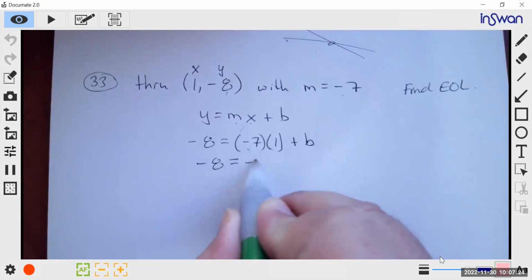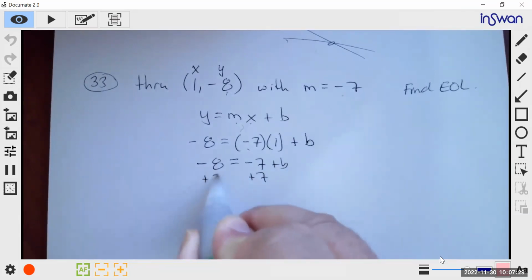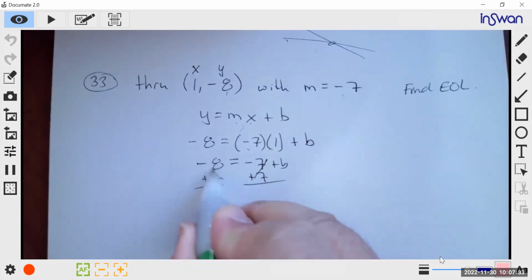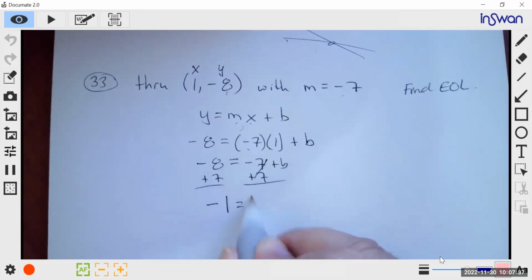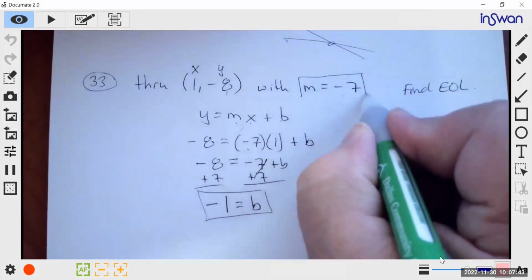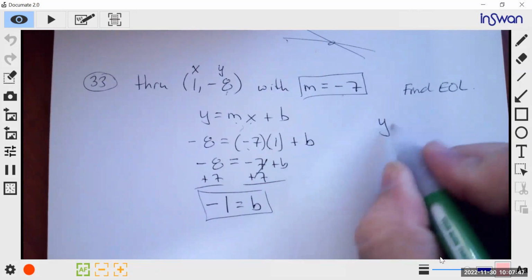-7 times 1 is -7. So we add 7 to both sides. 8 is bigger, so the answer is negative. 8 minus 7 is 1. So the y-intercept is -1, and the slope is -7.